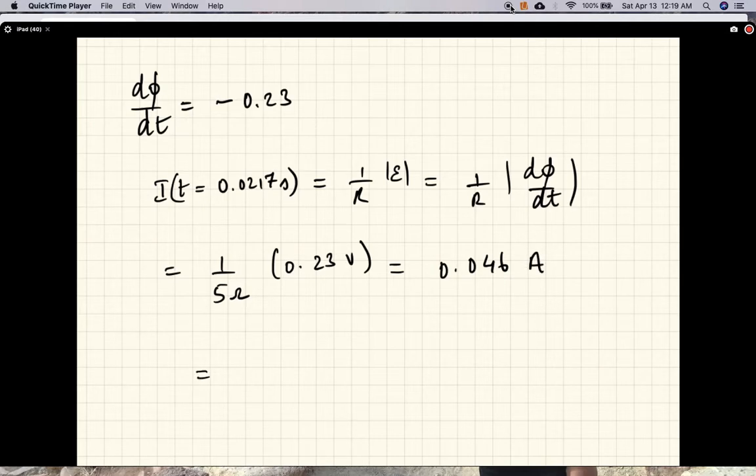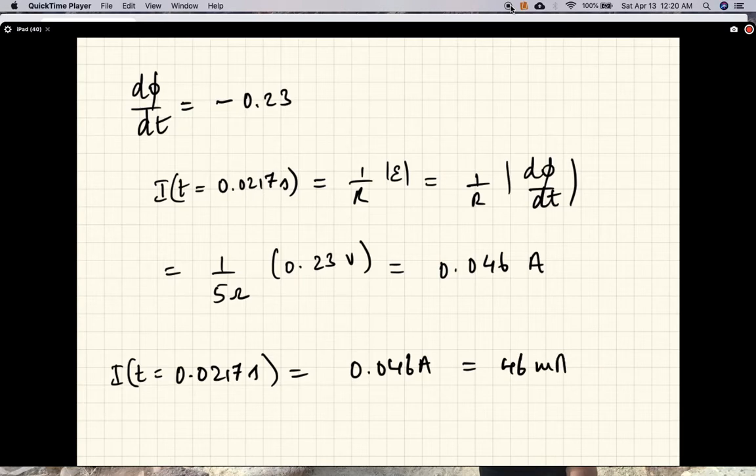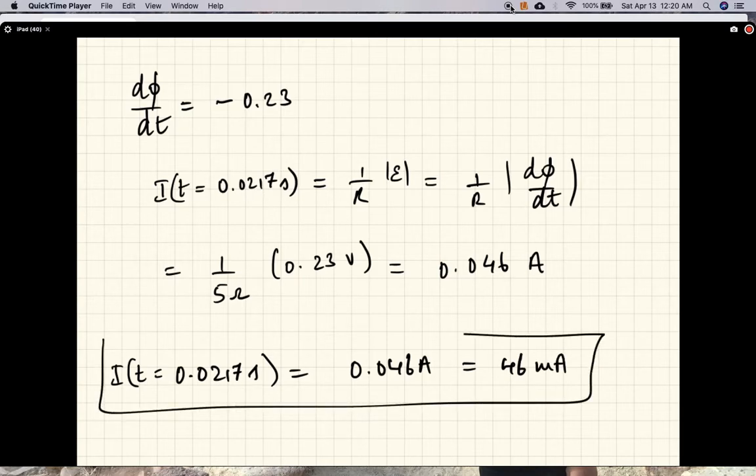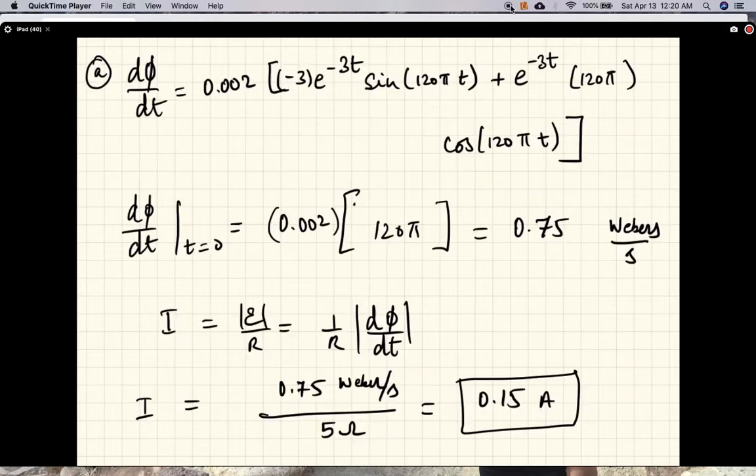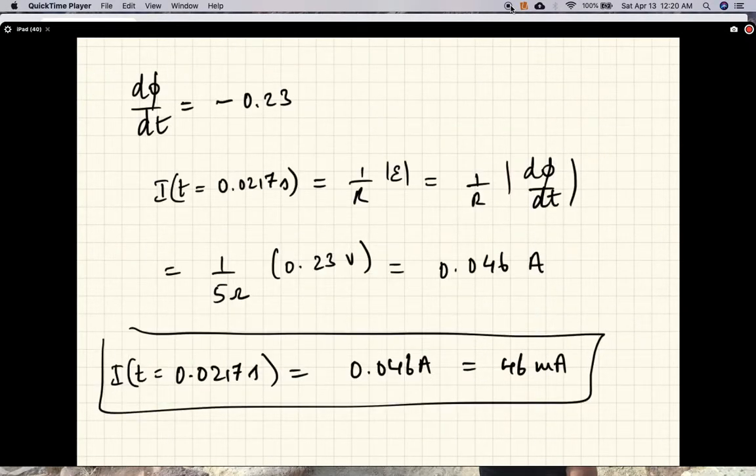So the current at t equal to 0.0217 seconds is 0.046 amps, or 46 milliamps. So we found the currents at the two times. Just a little messy algebra, but we got through it. That covers that problem.